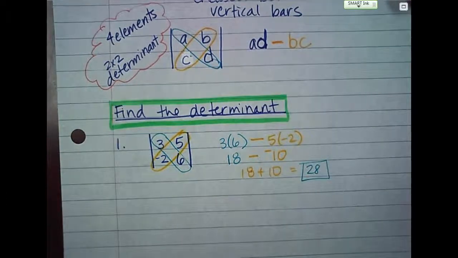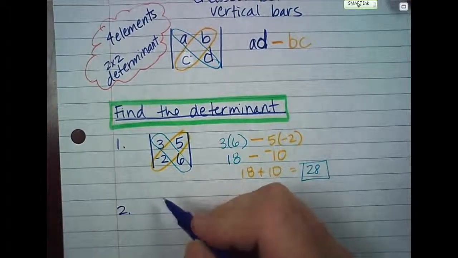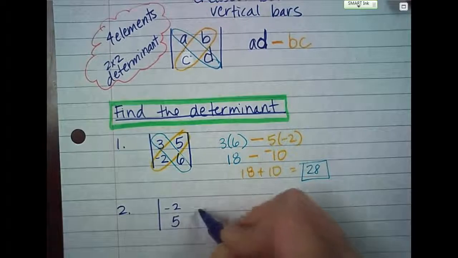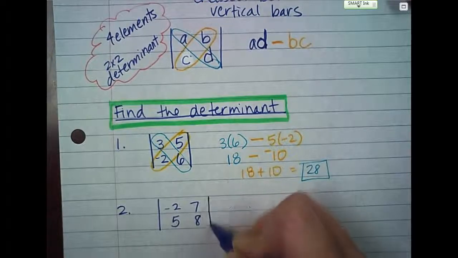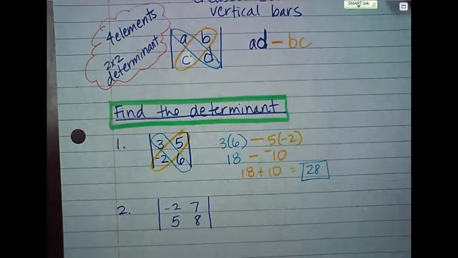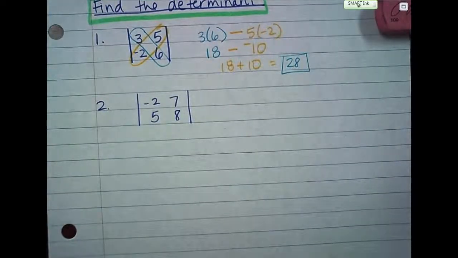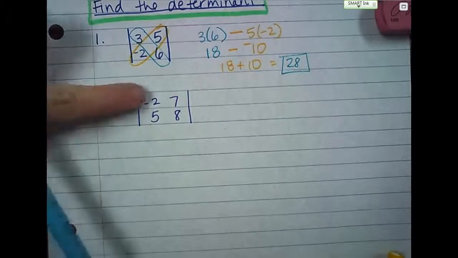Alright, number 2. Negative 2 and 5, and 7 and 8. Where did I tell you to start? Top left corner, right here.